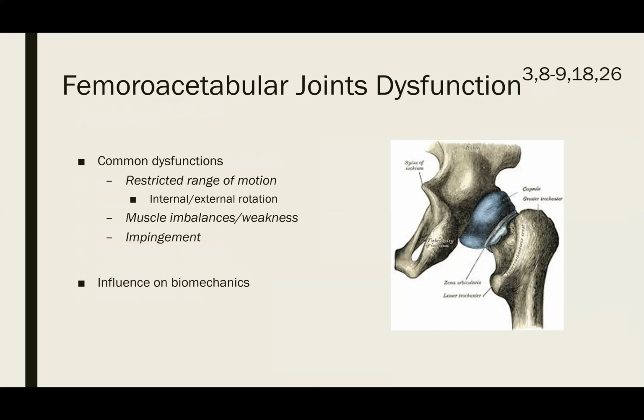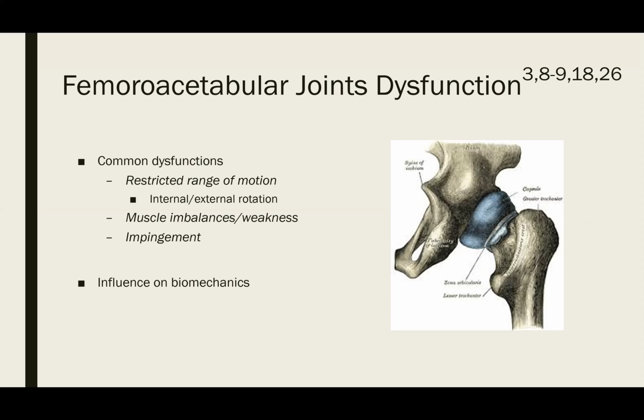Additional research suggests that abnormal biomechanics and dysfunction at the femoral acetabular joint can create the presence of functional femoral acetabular impingement symptoms. Asymmetrical hip range of motion depends on the athlete's dominant side and can result in muscle imbalances, which further disrupt movement patterns and force absorption.